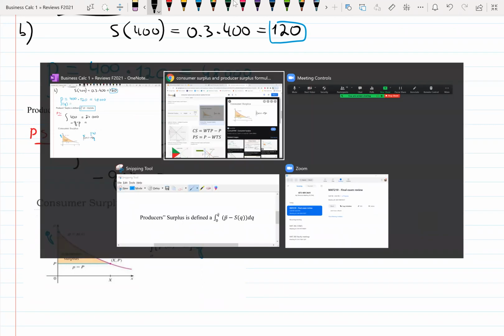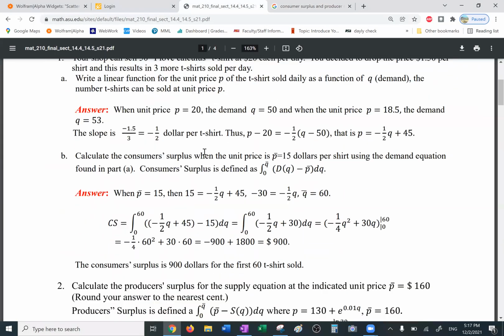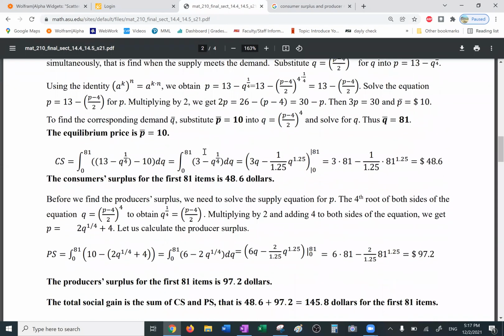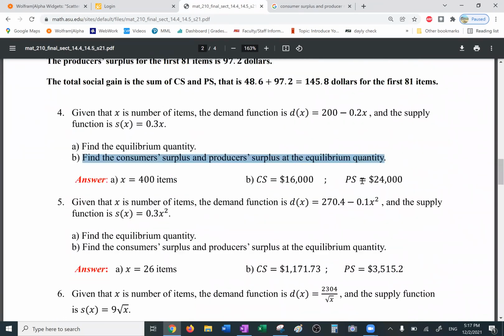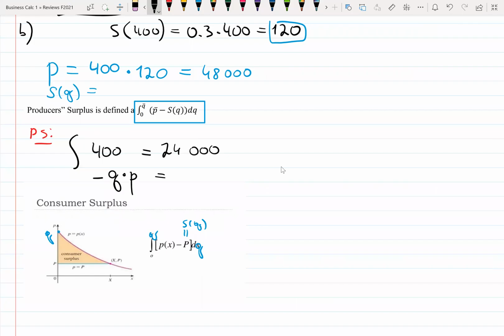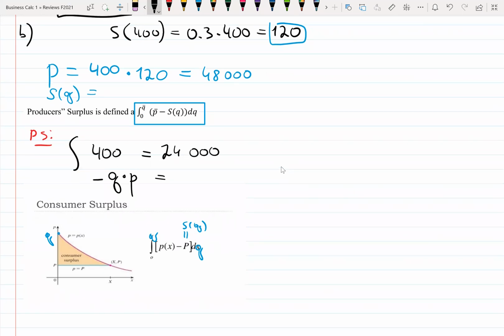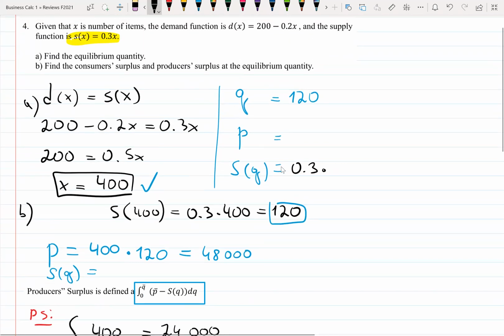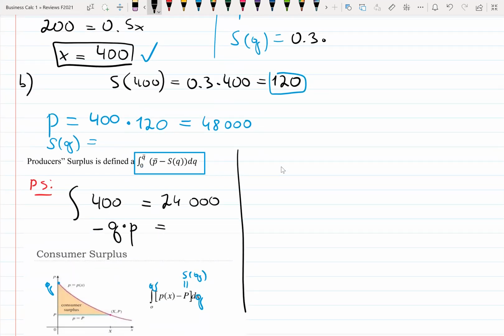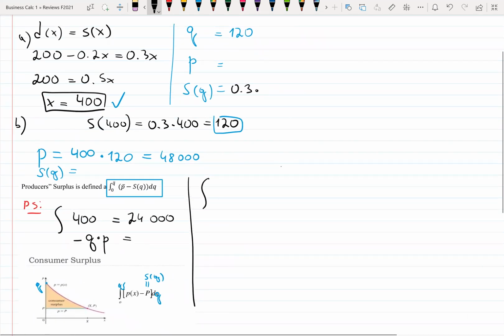What answer did you get? Because I have the answer, of course. Number 4 here. If we're looking for it, PS is 24 and CS is 16. So PS is 24, because you did QP minus the integral of S, and then for the other, for CS, it's the integral of D dx minus QP. Integral of D dx, right?